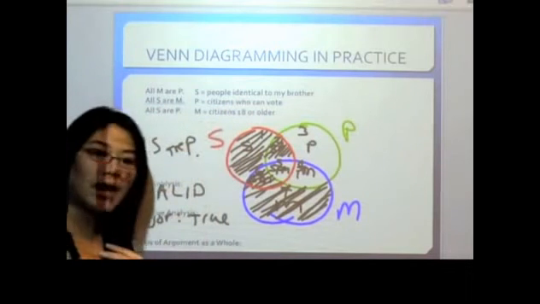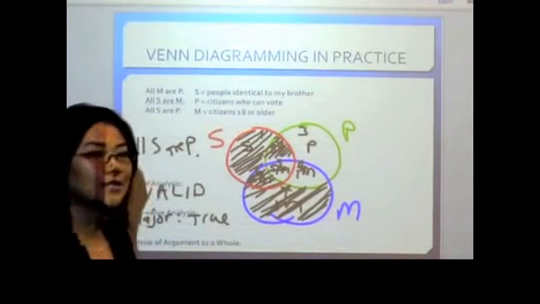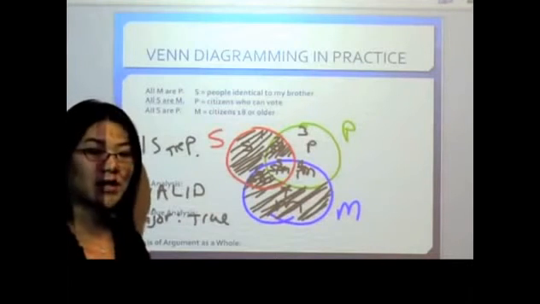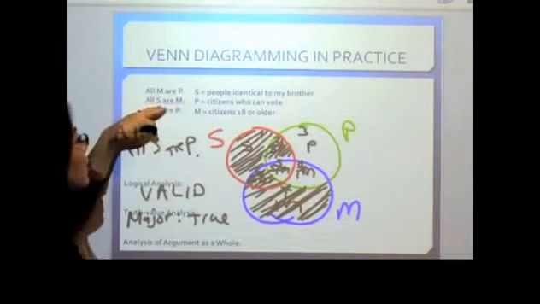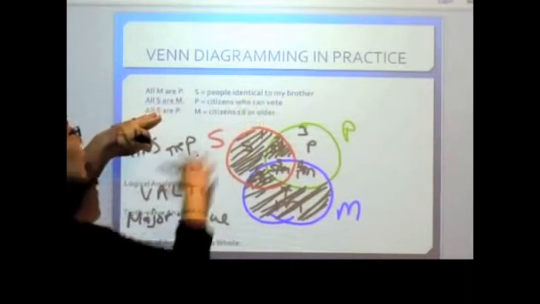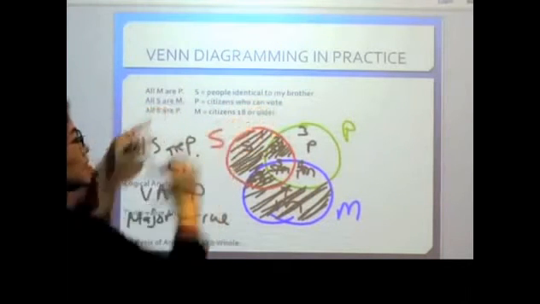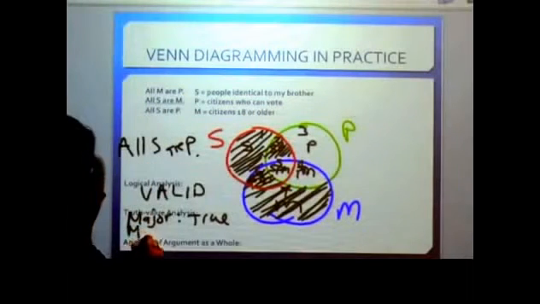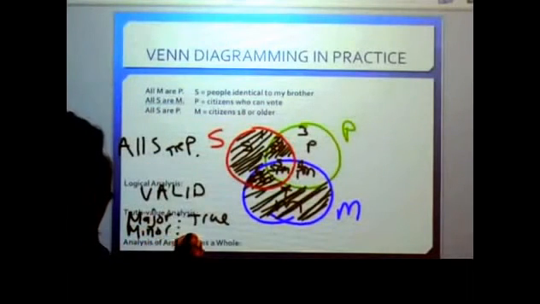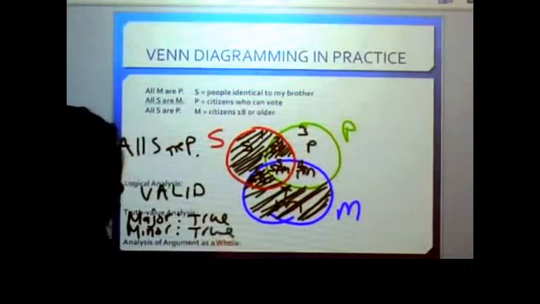We're talking about my brother John, and it is in fact the case that my brother John is 18 or older. So the statement, all people identical to my brother John are citizens 18 or older, is also true. So the minor premise is also true.